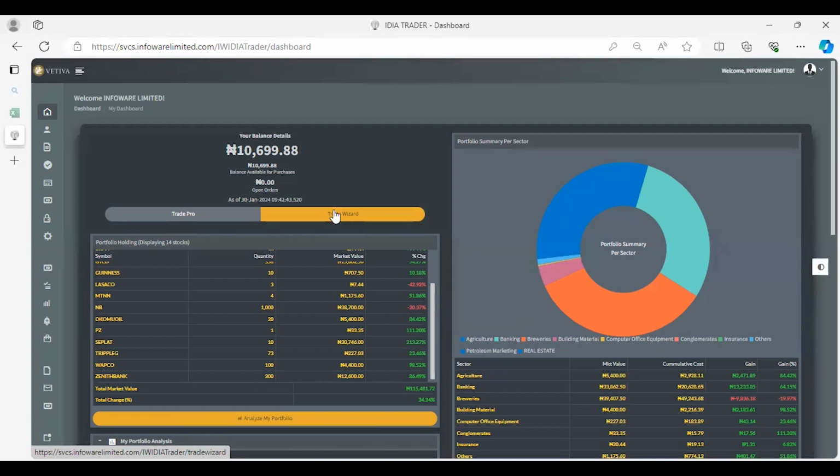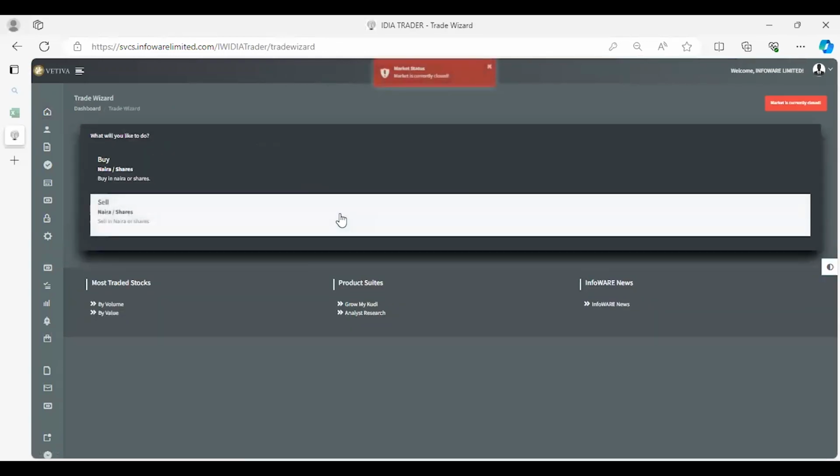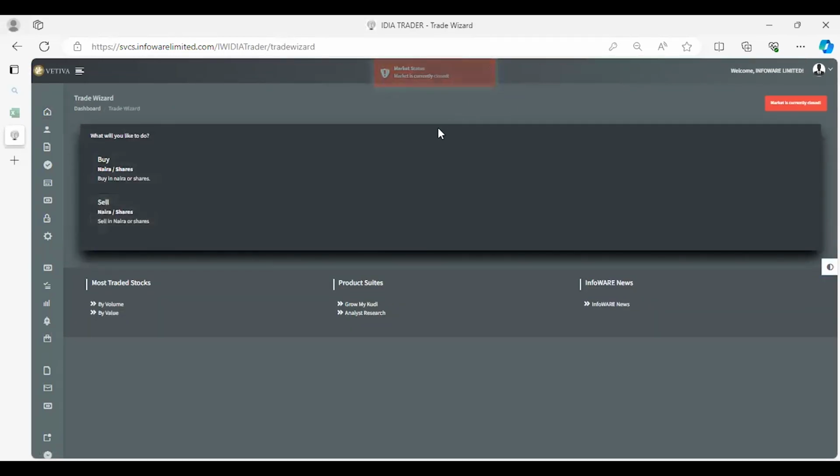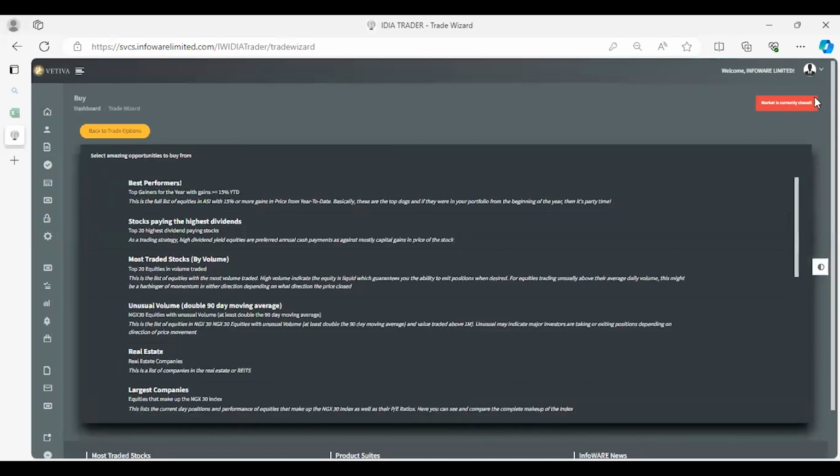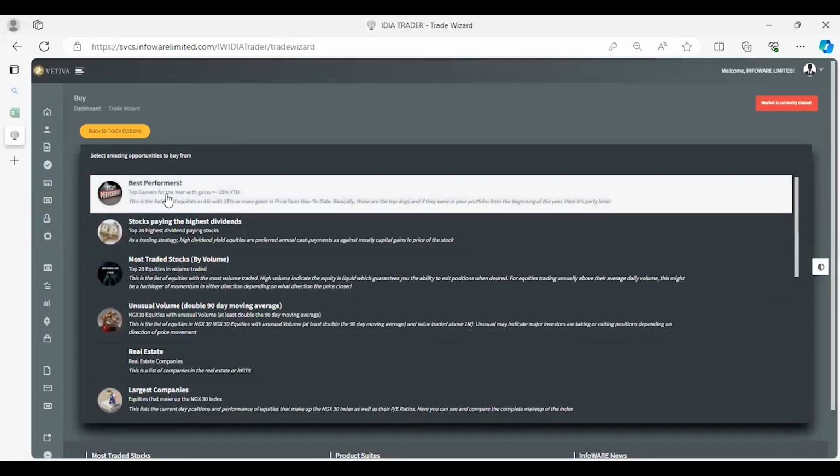So the trade wizard is basically a platform that allows beginners to learn about investments. Most times we find it difficult to understand where to start from. I know for sure sometimes you have 400 securities on the Nigerian exchange, and it's very difficult to know where to start from as a beginner. So what the system will do, first of all, is to curate a list of investments for you.